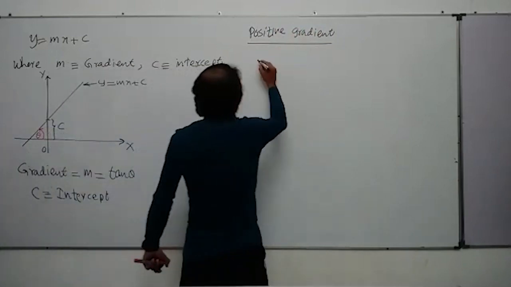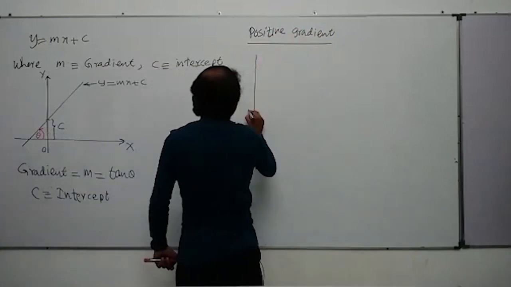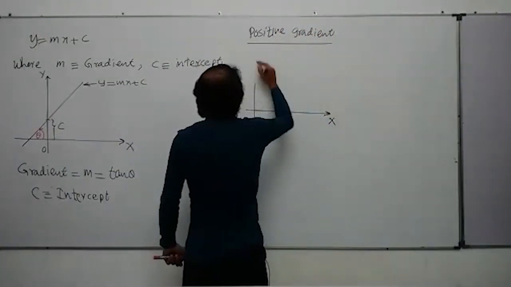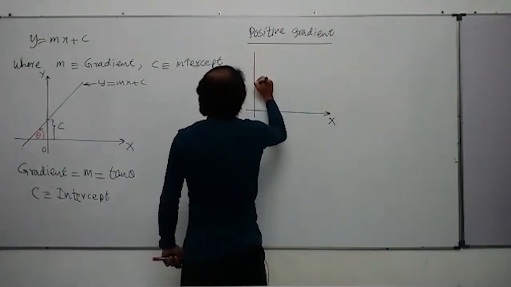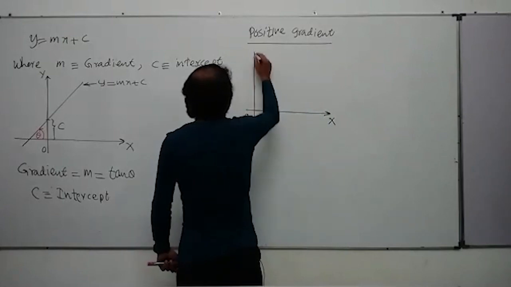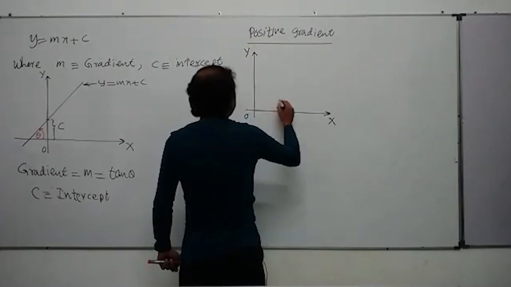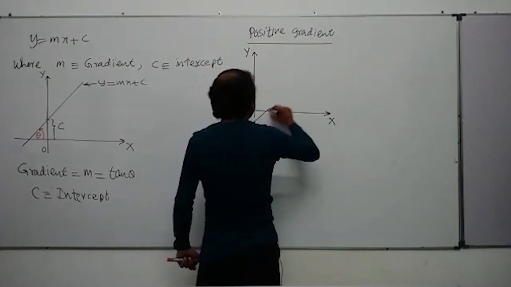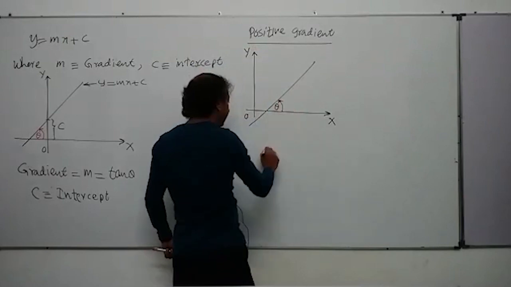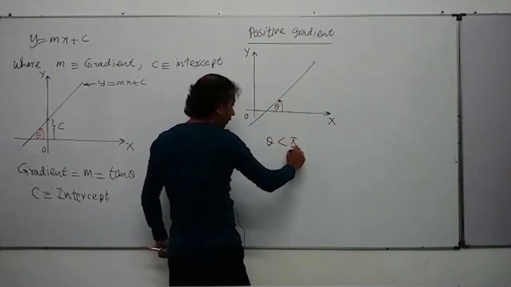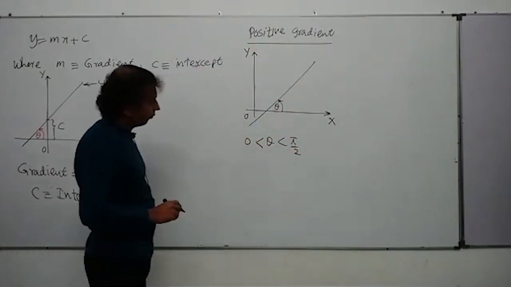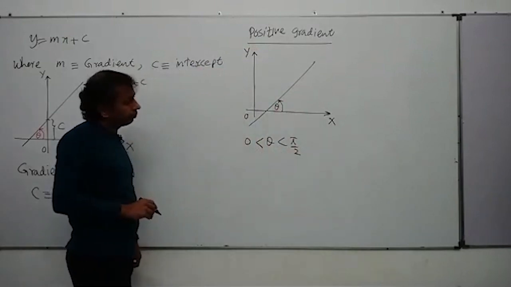Positive gradient, people, like this. Just like this. The angle theta is less than 90 and greater than 0.